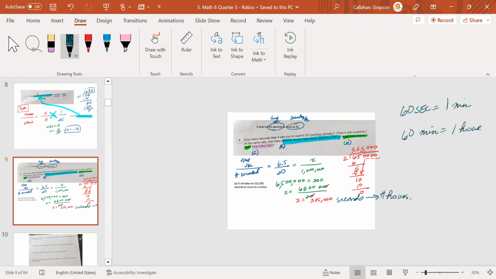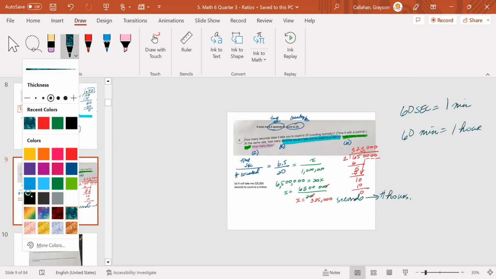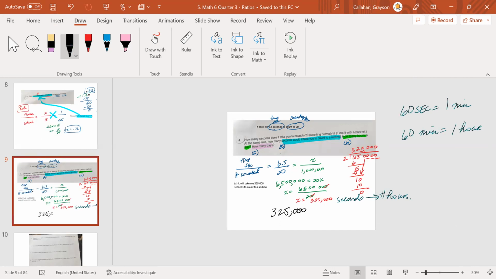Okay? So how you do this is you do 325,000, and this is seconds, right? So I know 60 seconds equals a minute. So if I divide this by 60, that will give me the number of minutes. Do you see that?